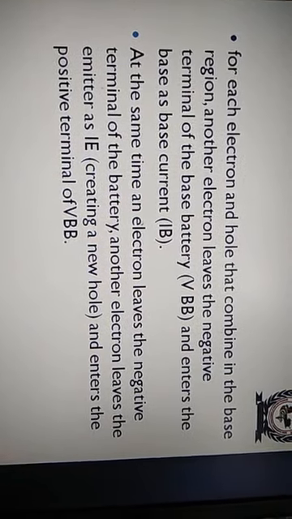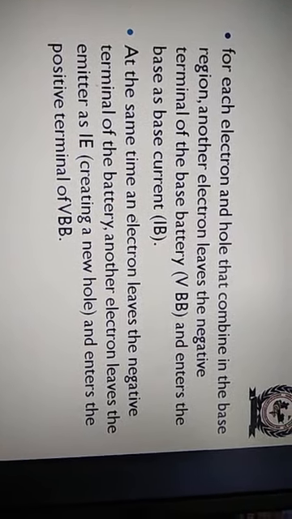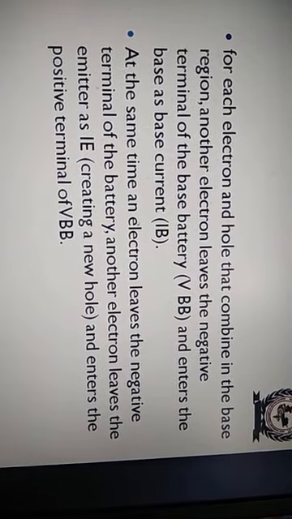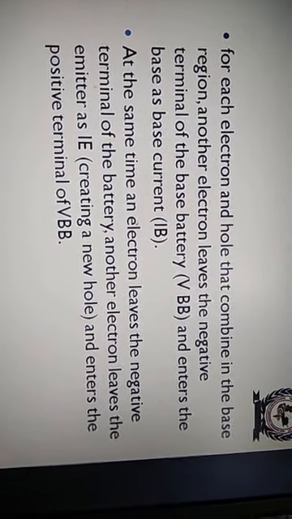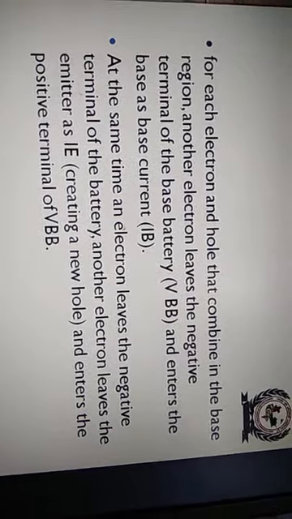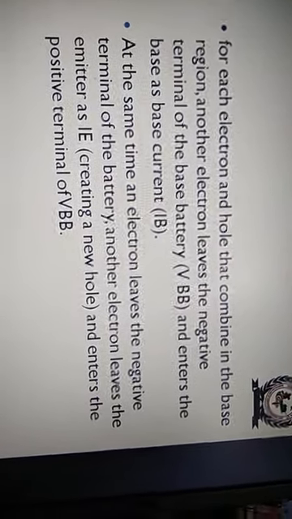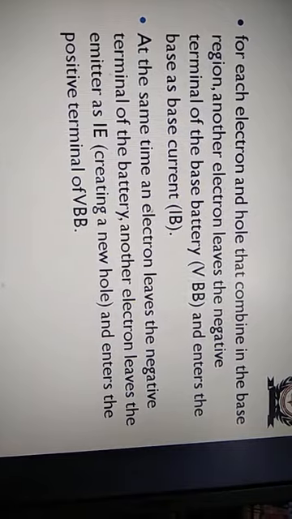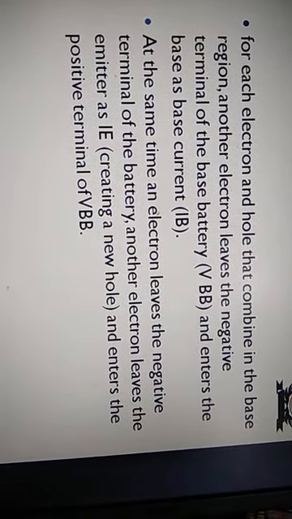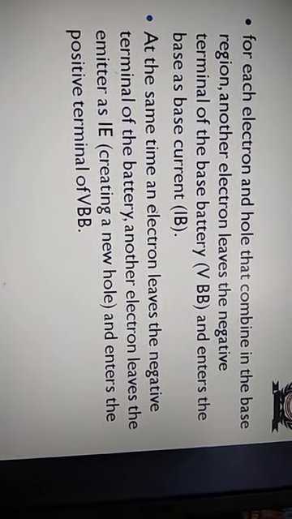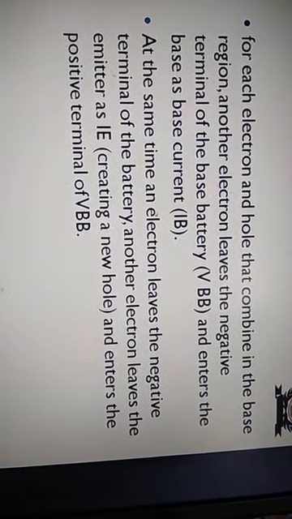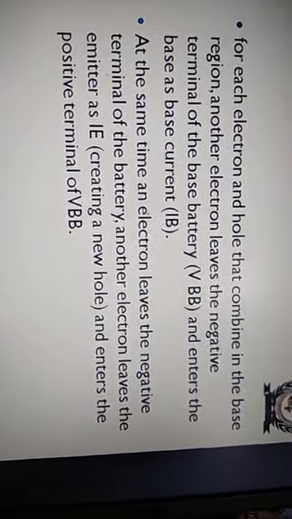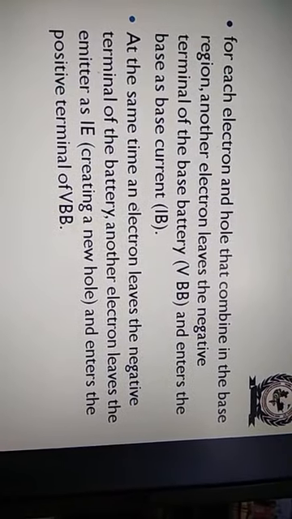For each electron and hole that combine in the base region, another electron leaves the negative terminal of the base battery and enters the base as base current, IB. At the same time, another electron leaves the emitter as emitter current, IE, creating a new hole, and enters the positive terminal of VBB.